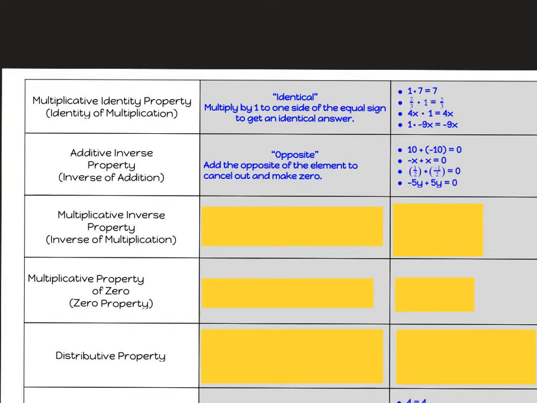For the multiplicative inverse property, I also want you to think of opposite, but this time with multiplication. In order to cancel out the element or make 1, you're going to be multiplying by the reciprocal. So let's look at some examples of that.